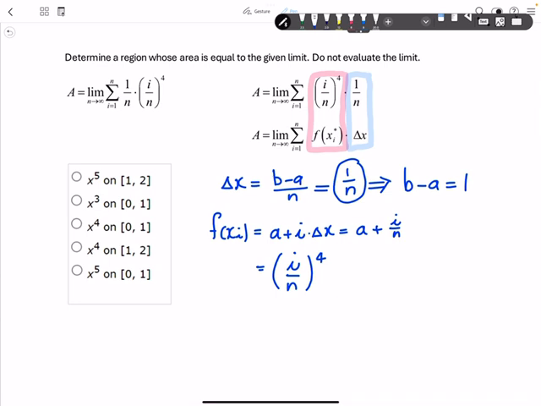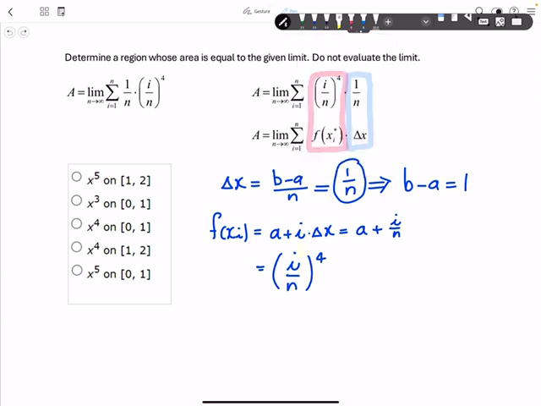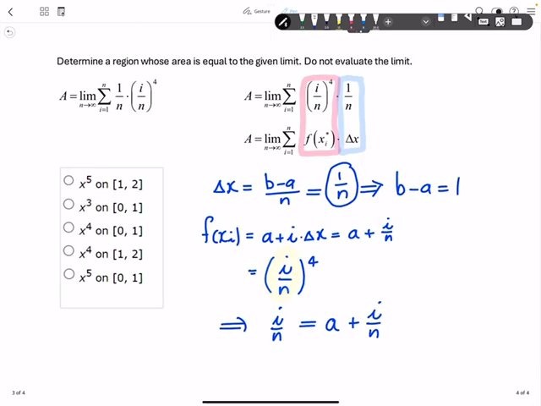So let's say the i over n is equal to the a plus i over n. And this tells me definitely that a must be equal to 0.